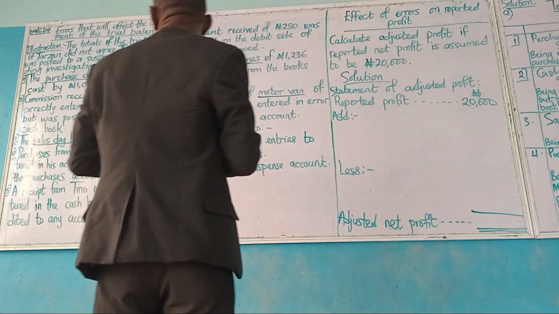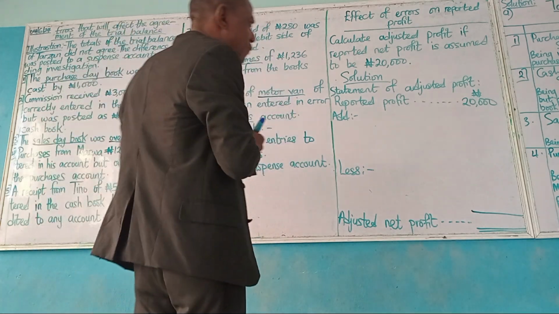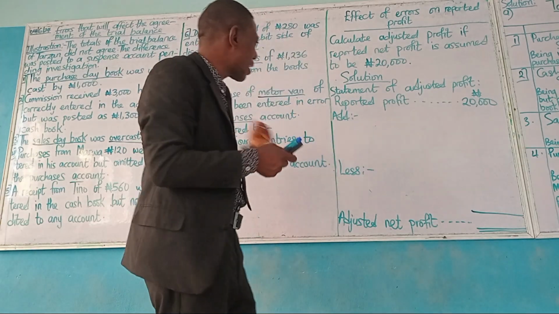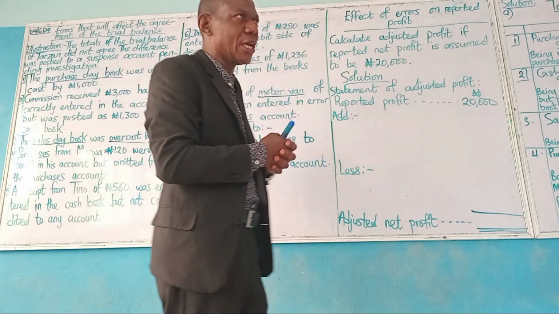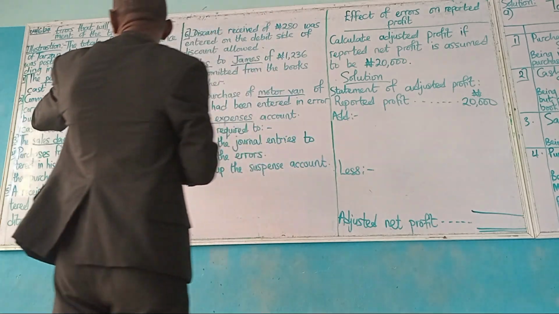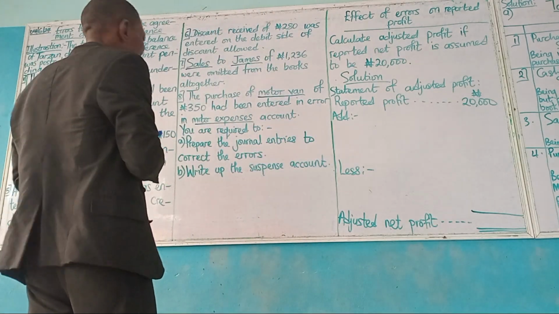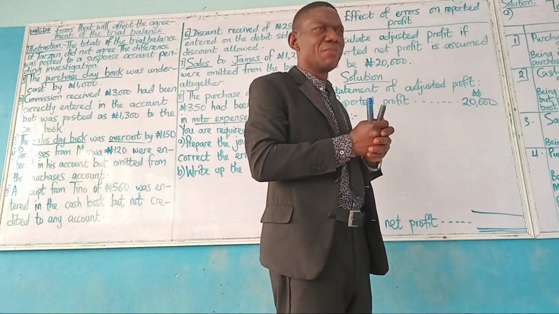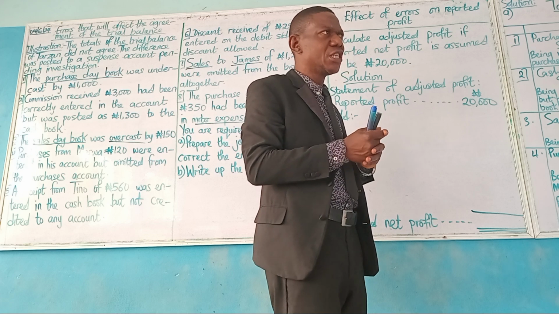Now, let's look at what kind of effect it is going to have, whether we are going to add that 1,000 back or subtract 1,000 from the net profits. Purchases was undercast. That is, purchases was reduced mistakenly.